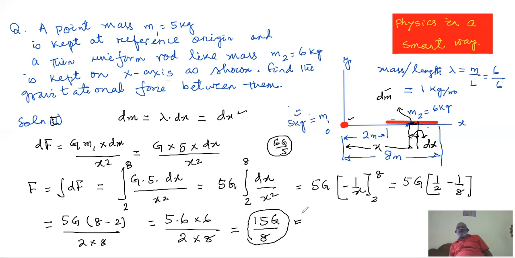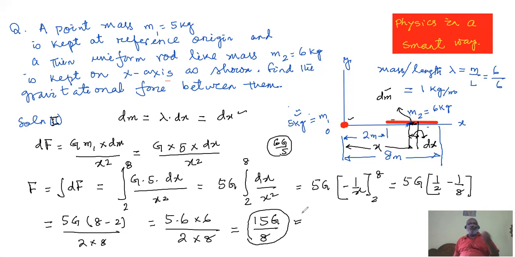So now you must be wondering, because a physical situation must have a unique solution, both the solutions, solution 1 and solution 2, give us different values. So which one do you have to believe and which one do you have to discard?